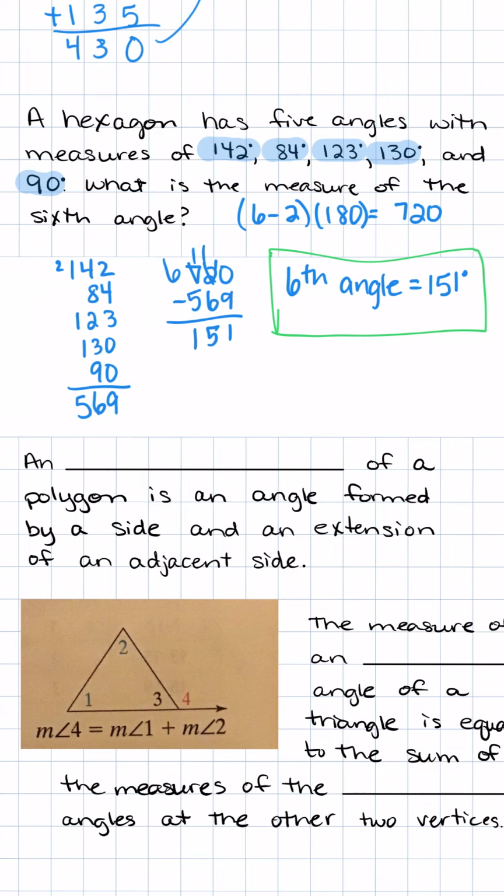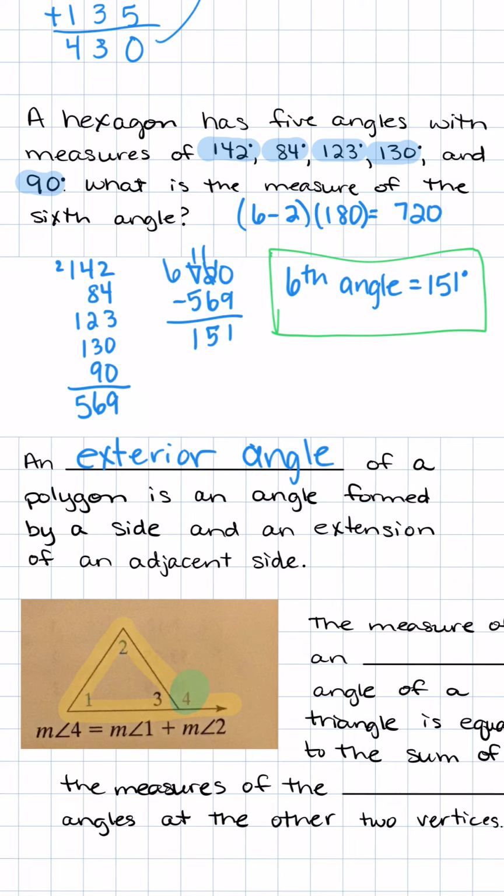So an exterior angle of a polygon is an angle formed by a side and an extension of the adjacent side. So right here we have a triangle, and this is going to be the exterior angle.